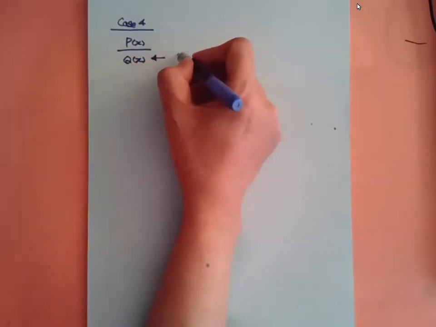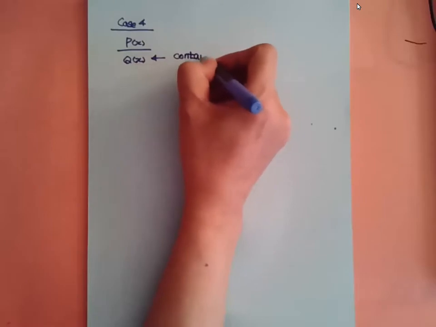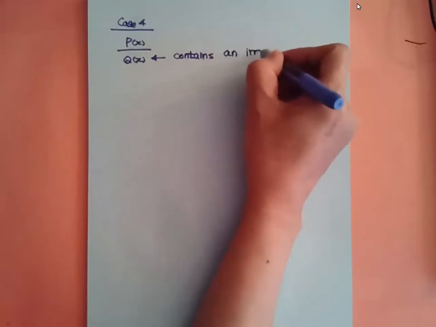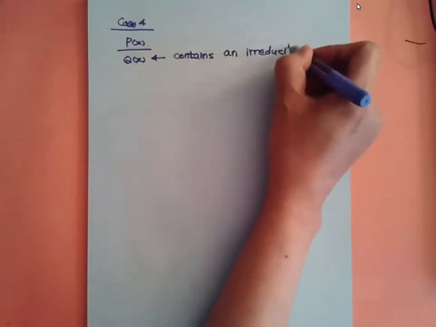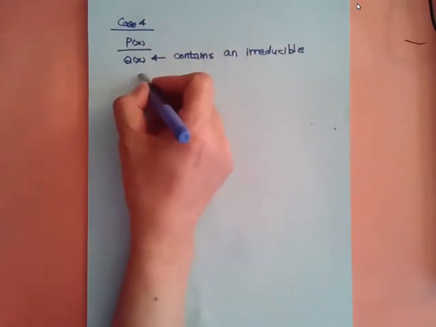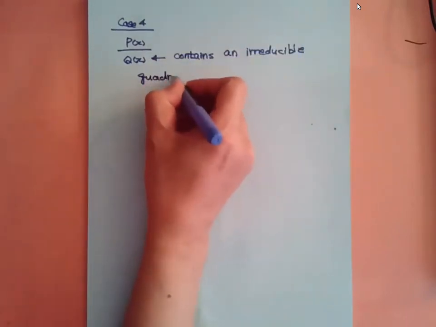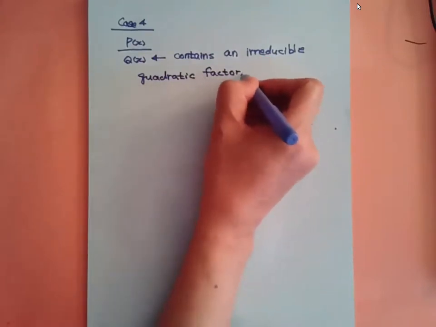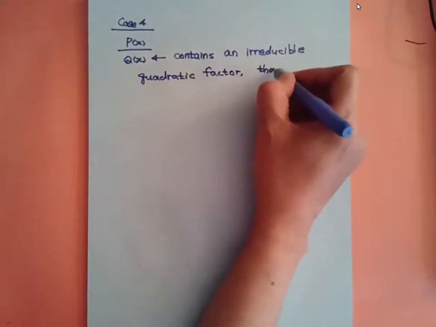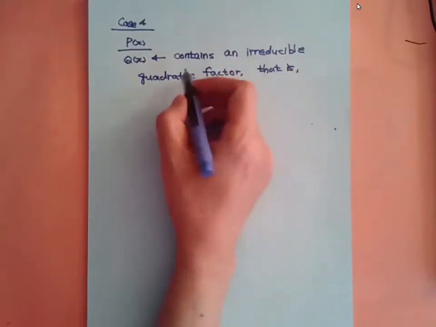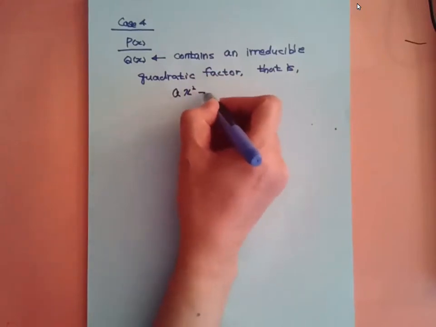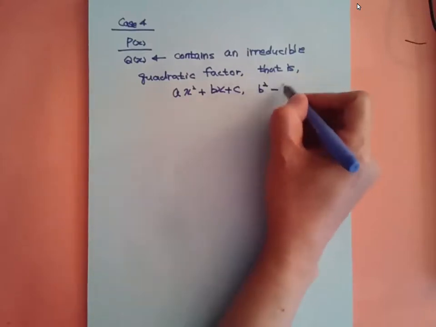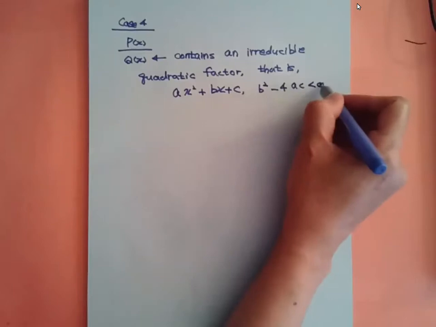The denominator contains an irreducible quadratic factor, that is ax squared plus bx plus c when b squared minus 4ac is less than 0.